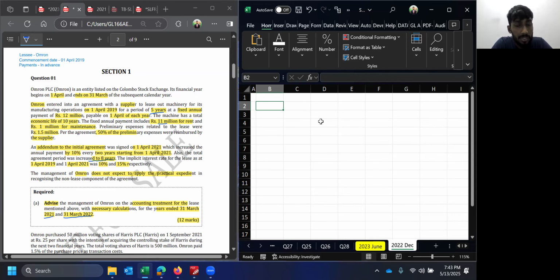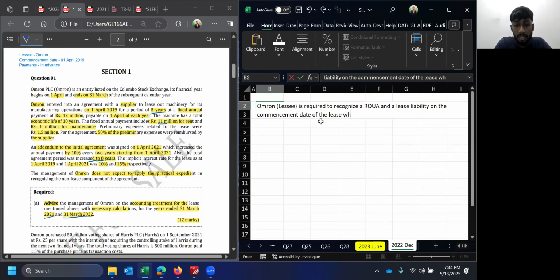First, we need to say, Omron, within bracket you can say lessee, is required to recognize a right of use asset and a lease liability on the commencement date of the lease, which is 1st April 2019, as per SLFRS 16. You can give even the paragraph reference.